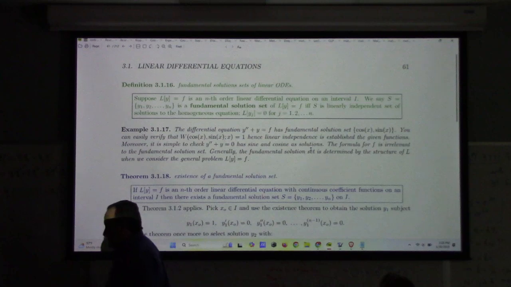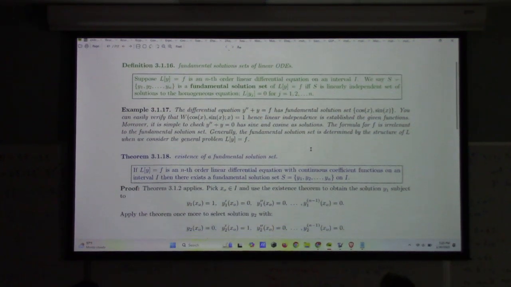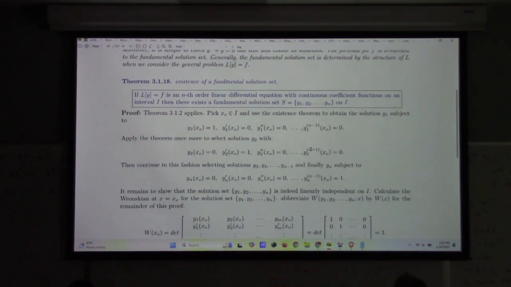And the proof rests on the theorem that I stated earlier today, which might still be on the other board over there, which is simply that you can use the existence theorem. You pick the first solution to satisfy this set of initial conditions. The initial position is 1, and the velocity, the acceleration, et cetera, are all 0.